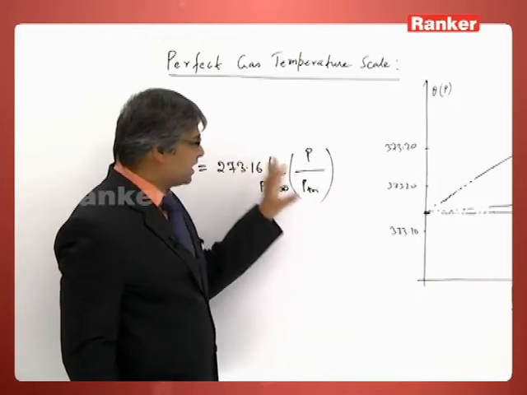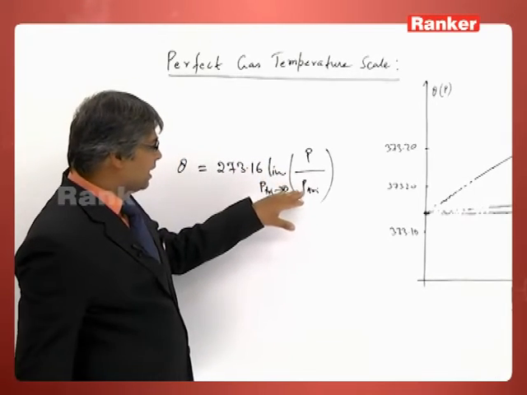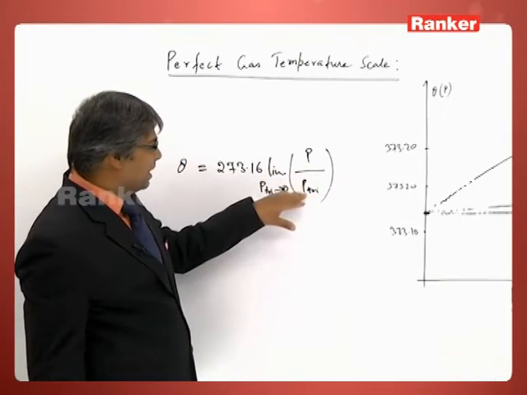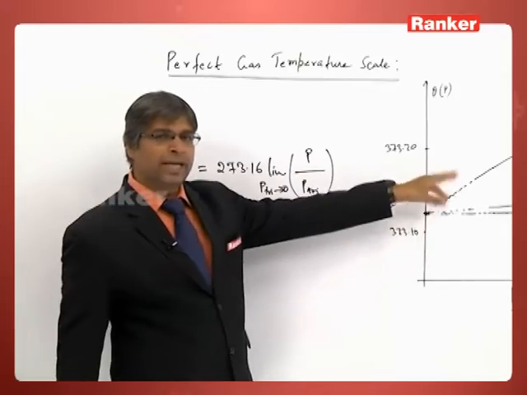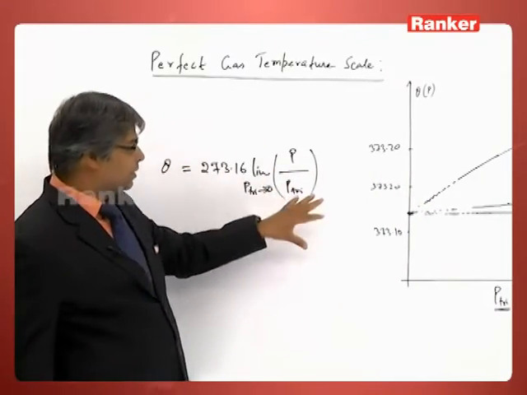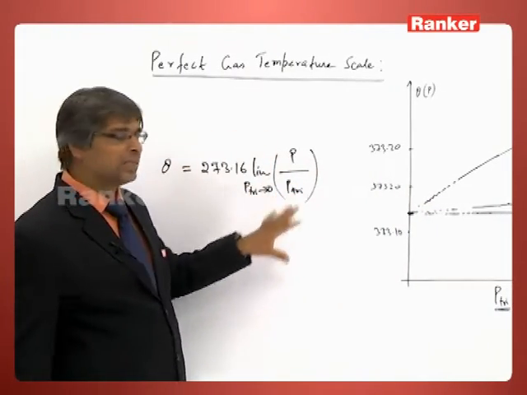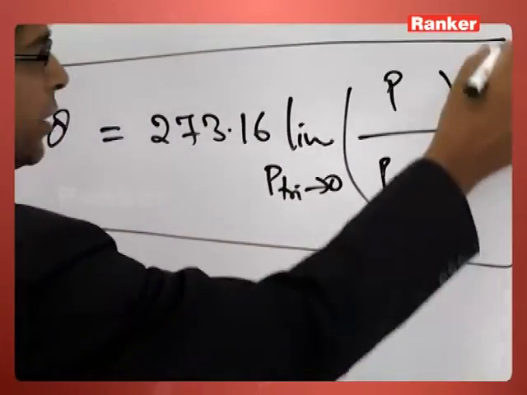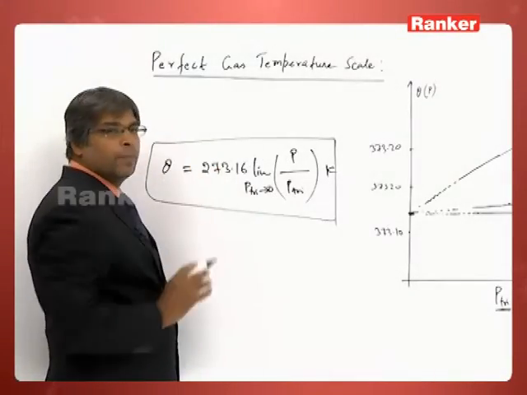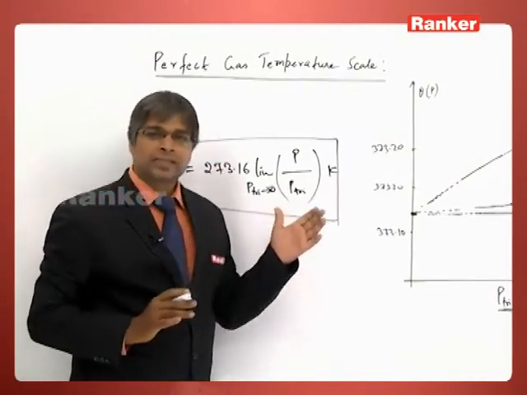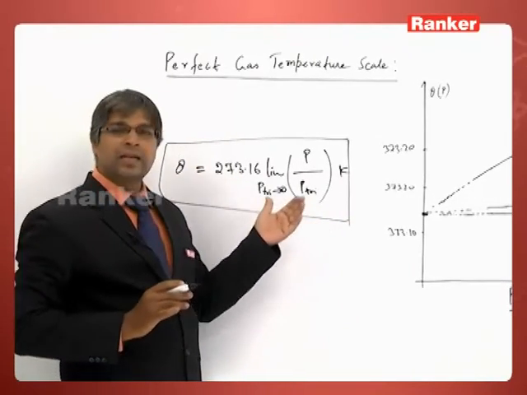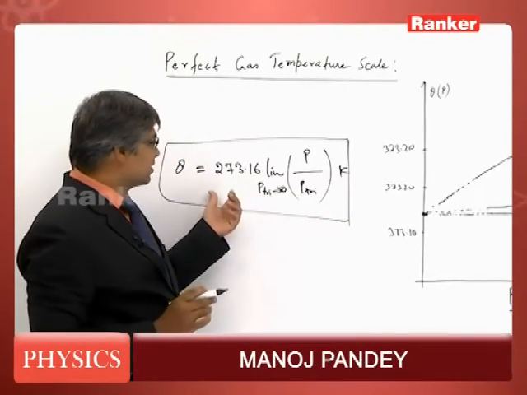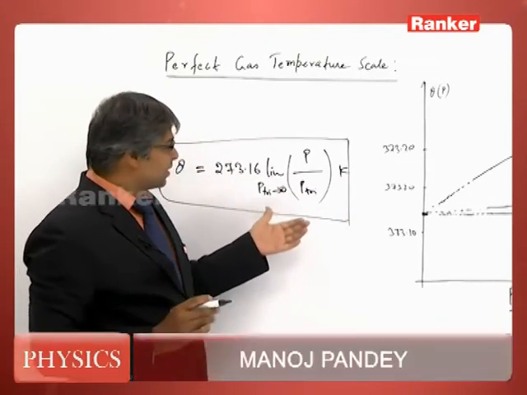If I consider this limit, that P triple tends to 0, that means whatever gas we are using, all will give the same result. This is the value in Kelvin, and the scale defined in this way is called the perfect gas temperature scale. Later on, in the second law of thermodynamics, we will see this scale is the same as the Kelvin scale.